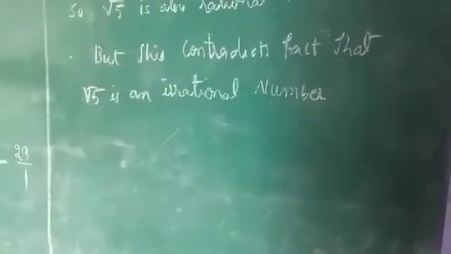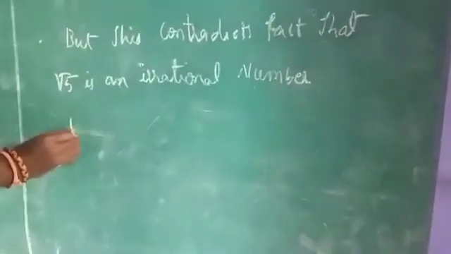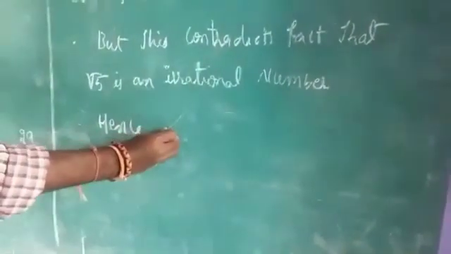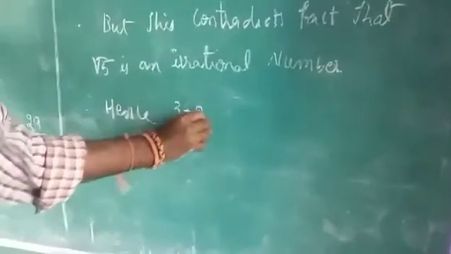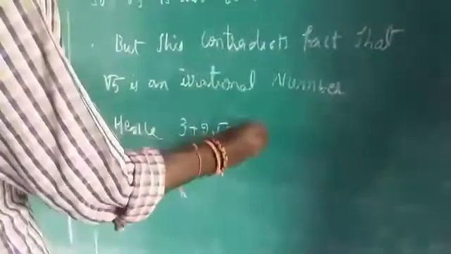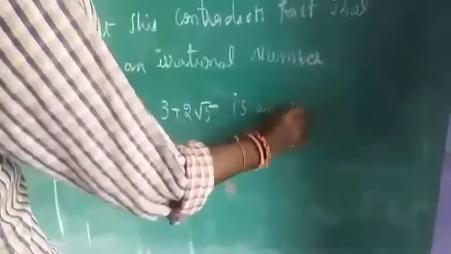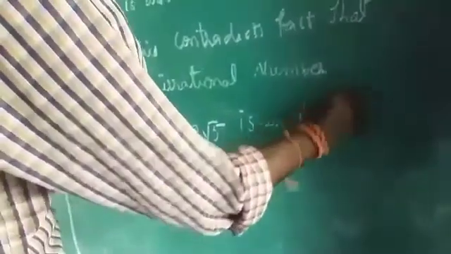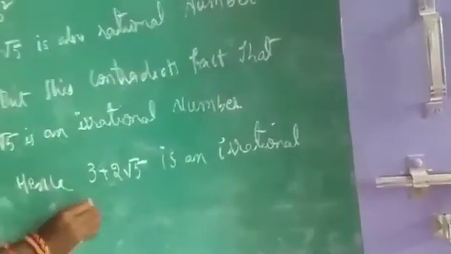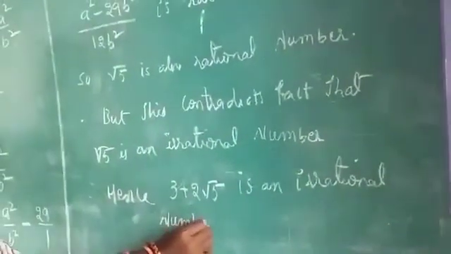Hence you will tell 3 plus 2 root 5 is an irrational number.